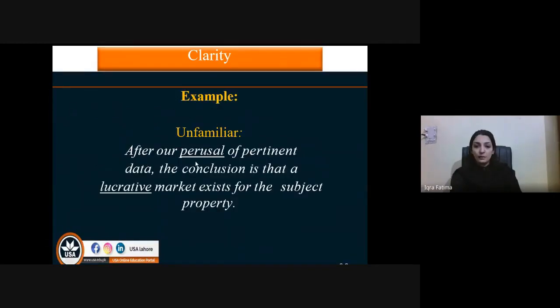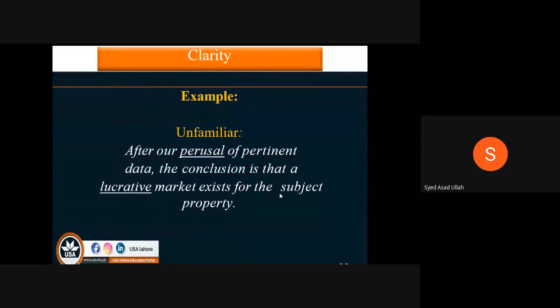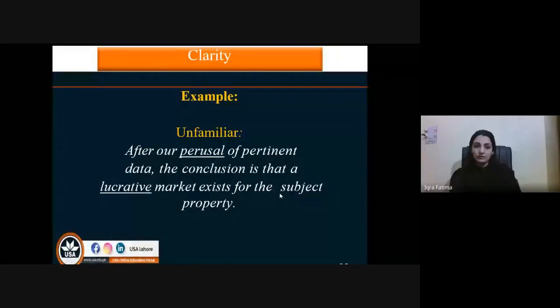Now you can see the example after this, which is unfamiliar. After our perusal of pertinent data, the conclusion is that a lucrative market exists for the subject property. So, how many of you understood? Ma'am, this is unfamiliar.